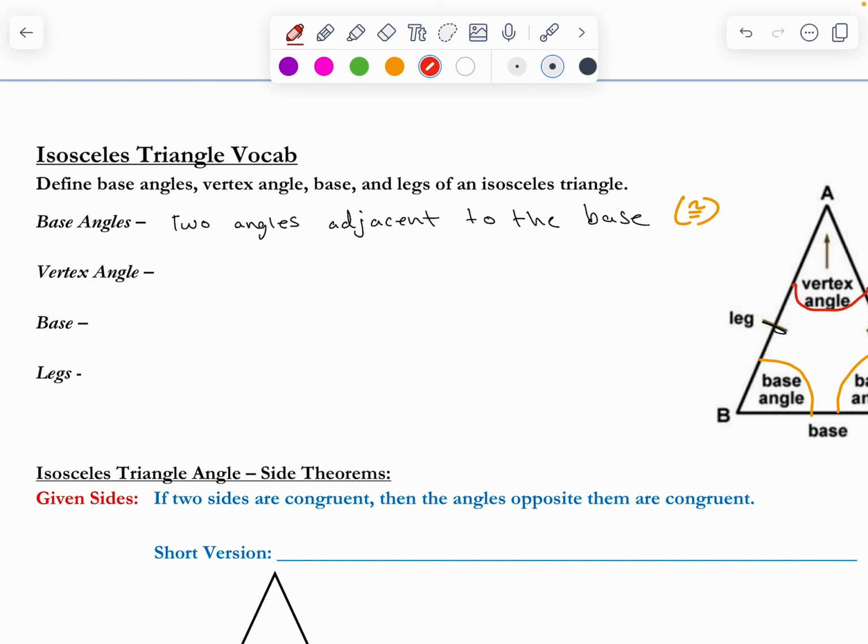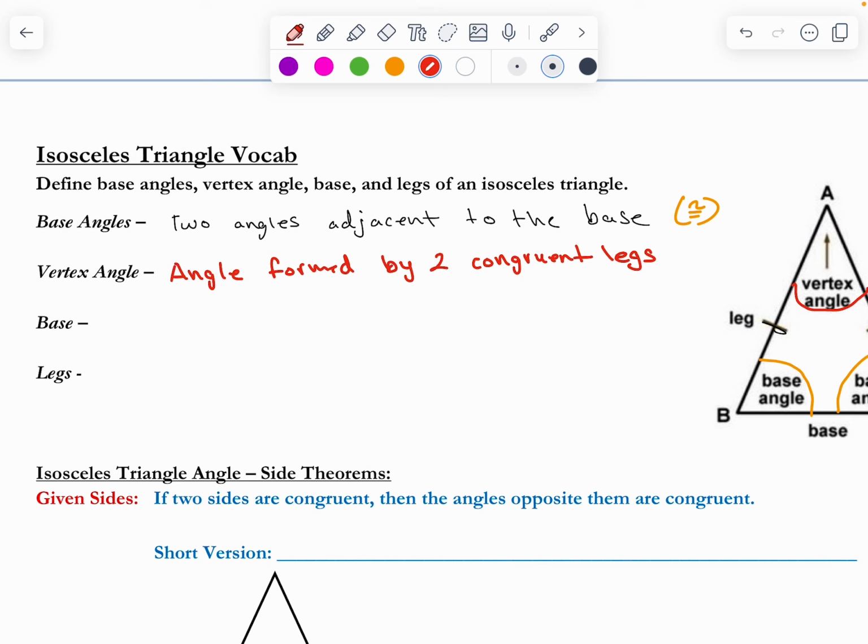It's essentially the angle that's formed by the two congruent legs. And that's a vertex angle.